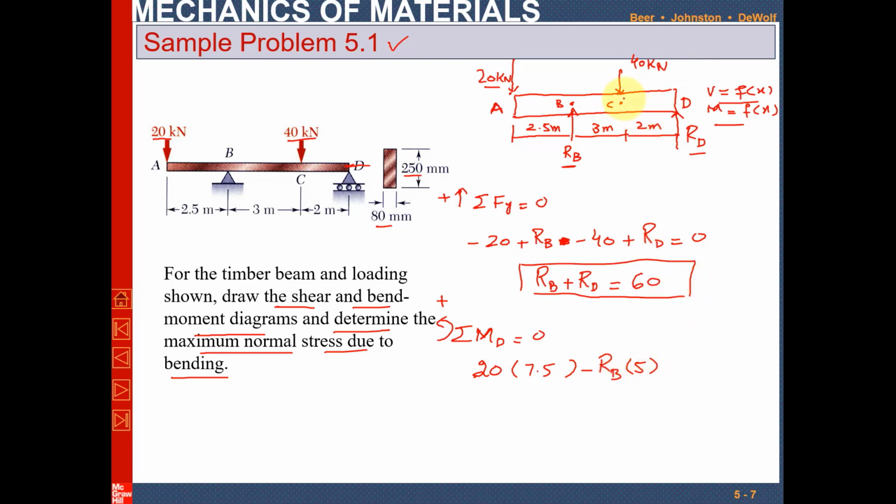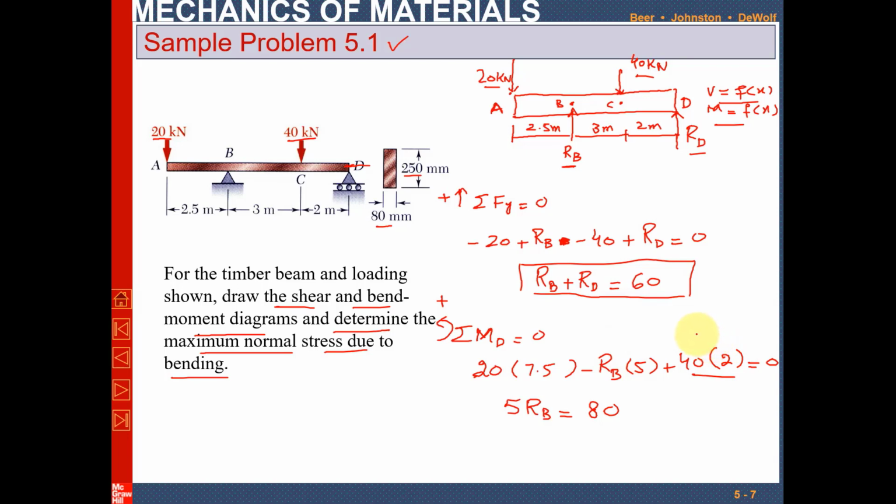And the third force that is producing moment in the counterclockwise direction is 40 kilonewton. So plus 40 into 2 perpendicular distance. Their sum must be equal to 0. So if you calculate that, you will find out the reaction force. Let me calculate: 5 RB is equal to 40 into 2, which is 80, and this 5 RB is moved toward the right side.